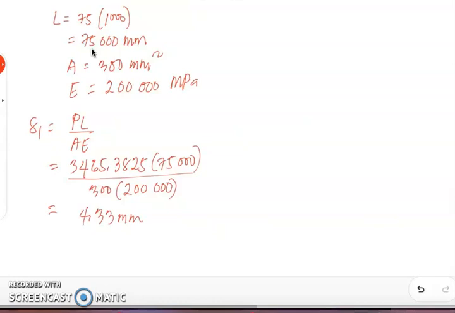And for the second, for elongation due to the applied load, we are given an applied load at the bottom of the steel, which is 20 kilonewton.